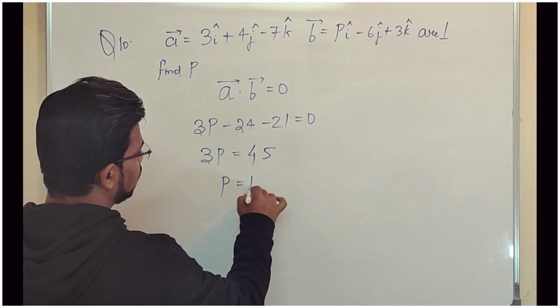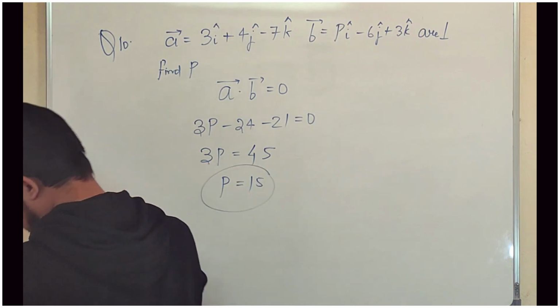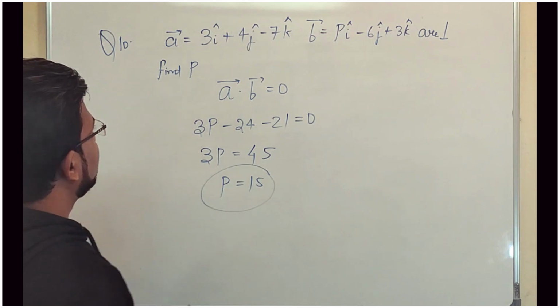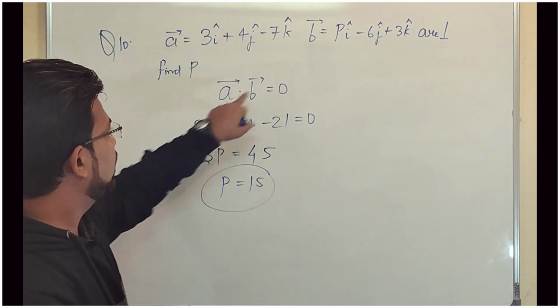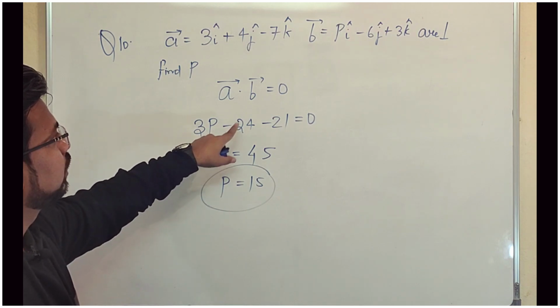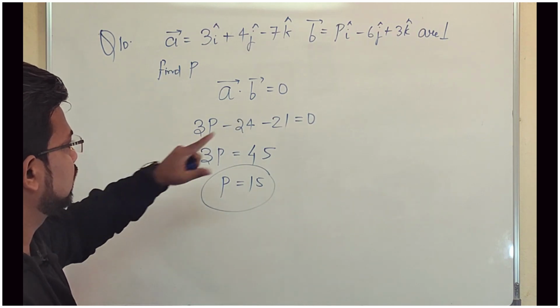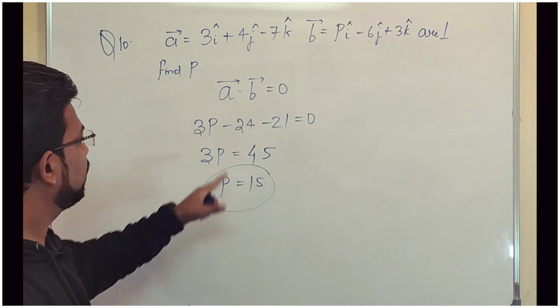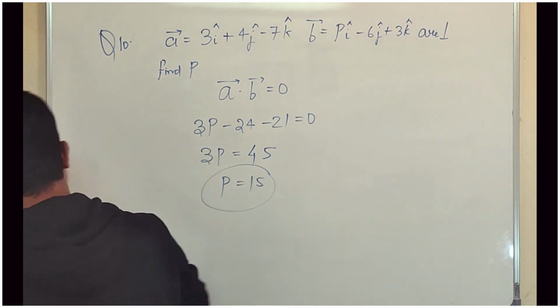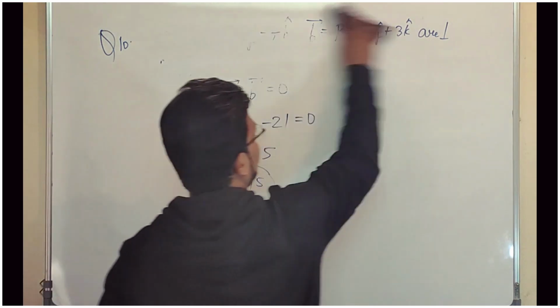So p is equal to 15, I guess. This should be the correct answer. Let's check once again. 3p, then we have minus 24, then minus 21, 4 1 5, 5 3s are 15. p is equal to 15. Yes, fine. p is equal to 15.